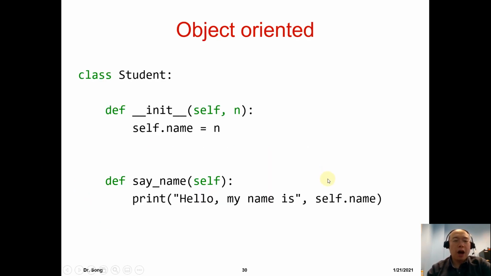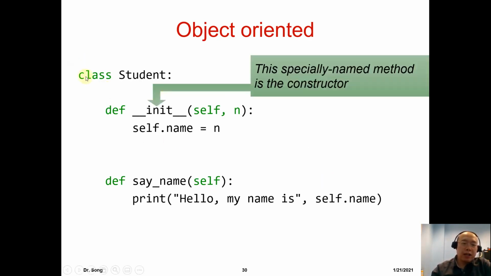Okay, the next part, object-oriented. How do you create a class by yourself? You use the keyword class, which is the keyword to define a class. Then inside, you define __init__, and this is called a constructor. For all the methods defined inside a class, you have to start with the variable self.